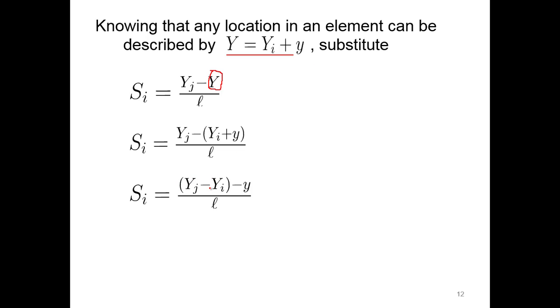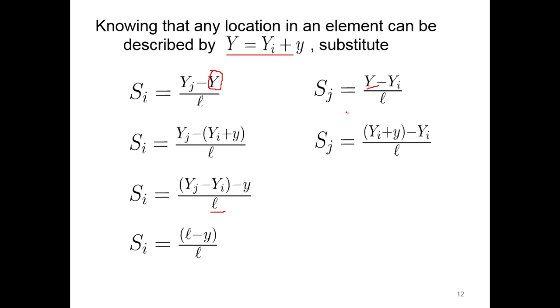Y sub j minus y sub i is the same as this right here, that's the length. So let's substitute that in, and we get L minus y over L. Let's do the same thing for the shape function at node j. We start off substituting for y here. There's the substitution. We're going to collect terms. This is a positive, and this one's minus yi, so they go away.